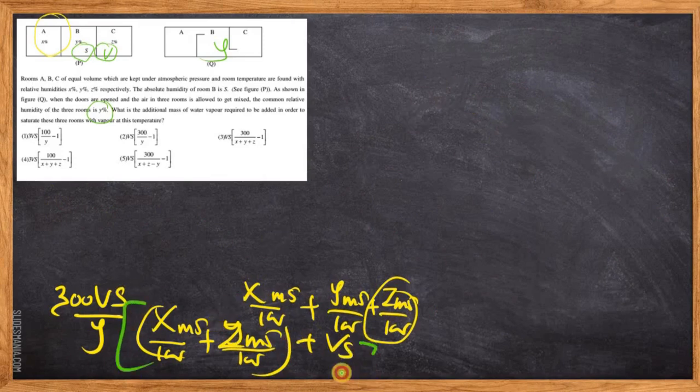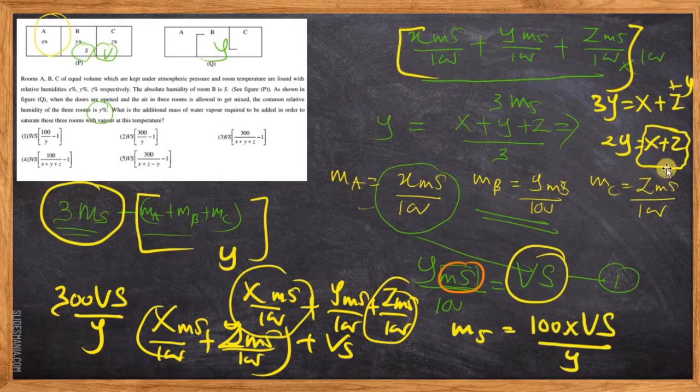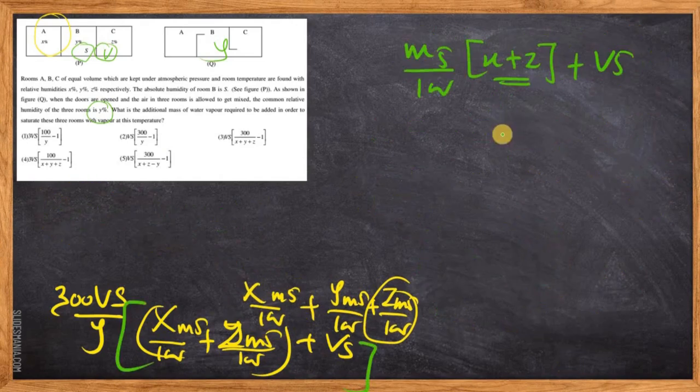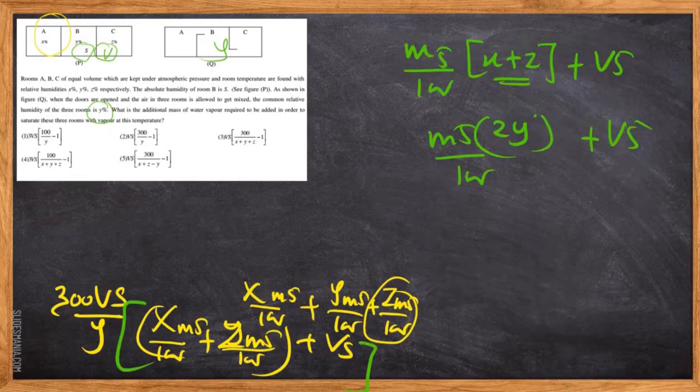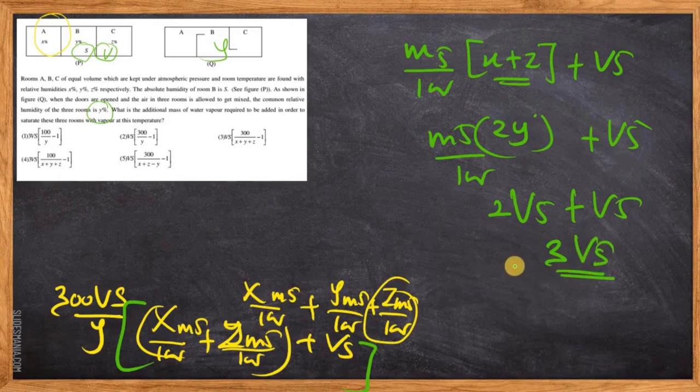I'll take ms over 100 out, and inside we get X plus Z plus, finally, Vs. X plus Z we have proved here is 2Y, so we can write it as 2Y ms over 100 plus Vs. Again from the previous equations, Y ms over 100 is Vs, so we have 2 Vs here plus Vs, so we get 3 Vs. So this is the remaining mass, the amount we have once we added MA plus MB and MC, that's 3 Vs.